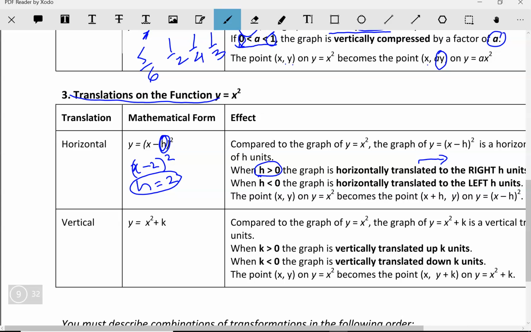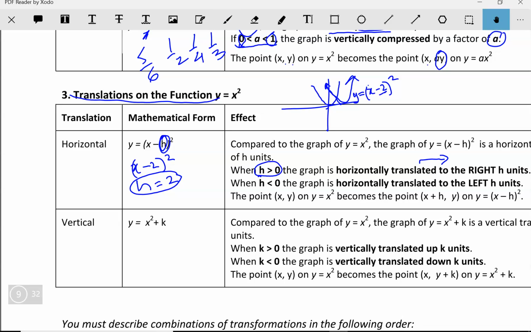If this is the original graph, y equals x squared, I've moved right 2 units, and this is my new function. So if I have an x minus 2, I'm actually moving to the right, because my h value is positive 2.